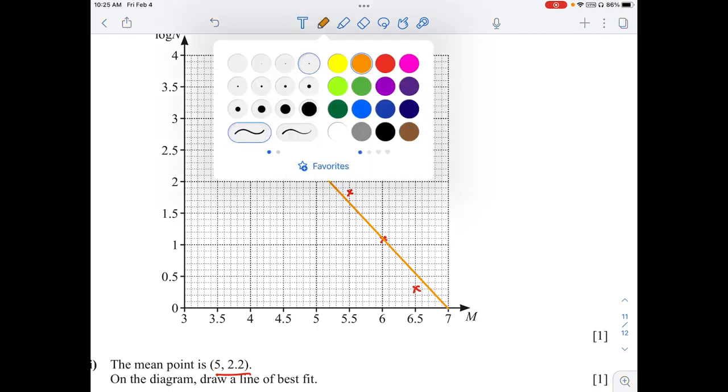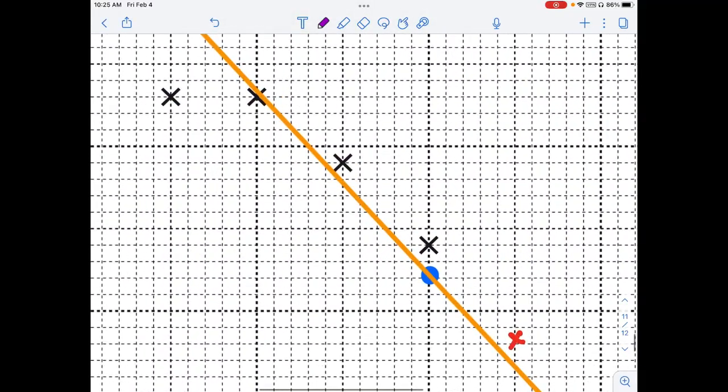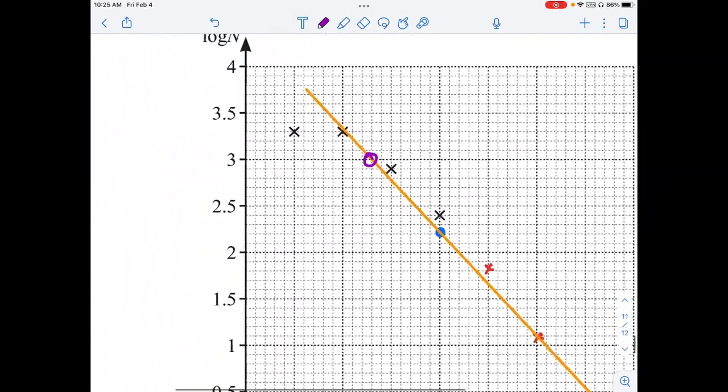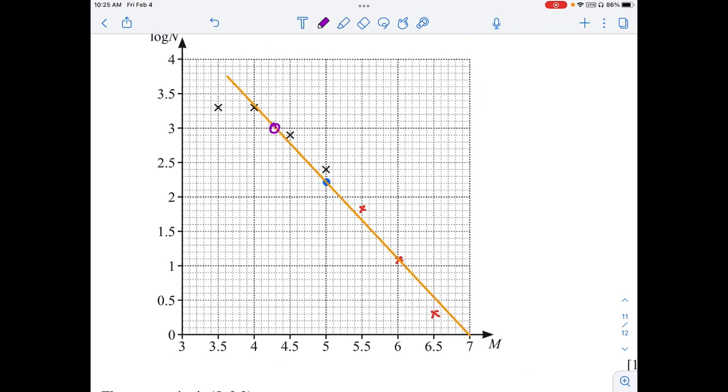Now I take 2 points: this point which is 4.3 comma 3, and the 5 comma 2.2 itself.